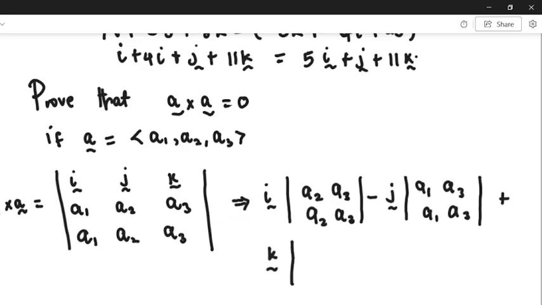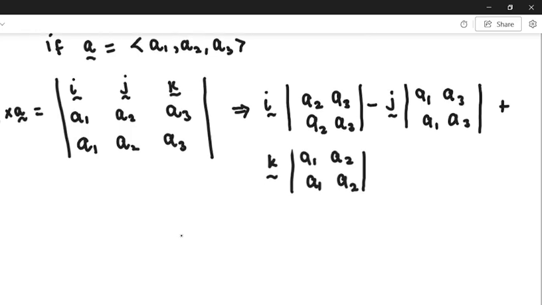If you block the third column, you're getting A1 A2, A1 A2. This simply gives you a 0, because for instance here, you have A2 A3 minus A2 A3. That's 0.